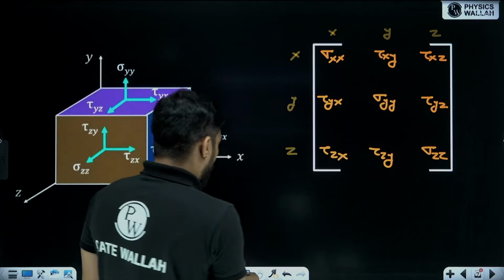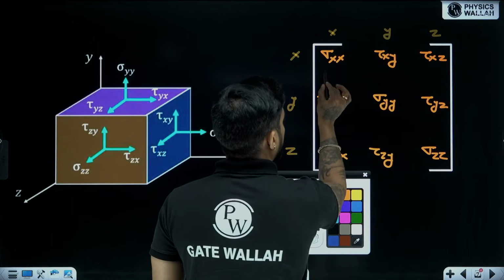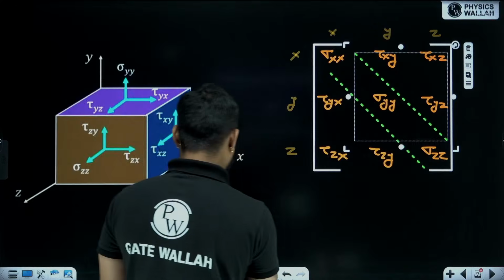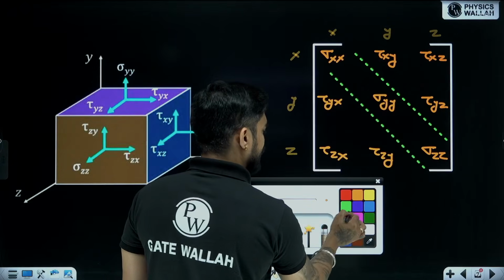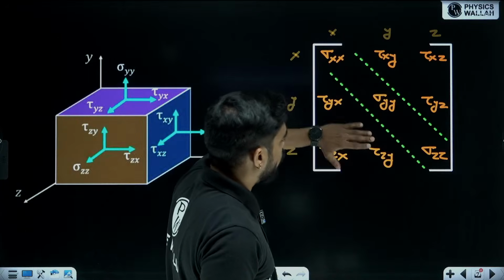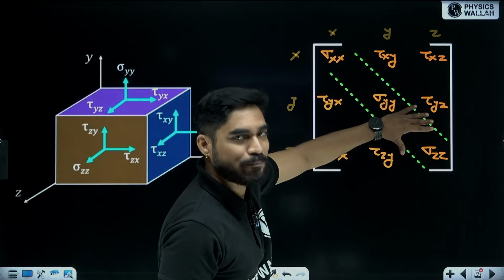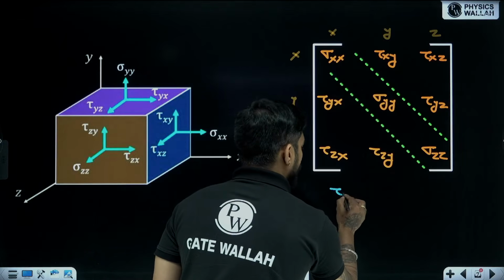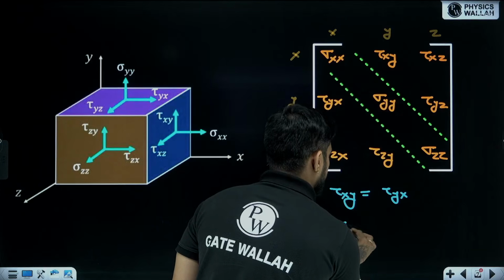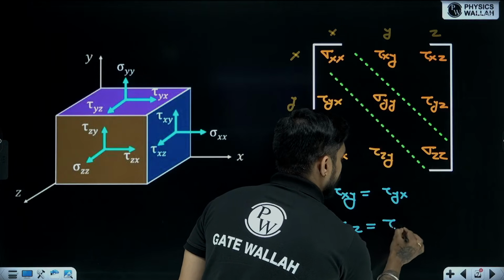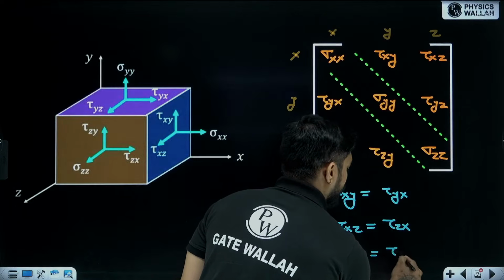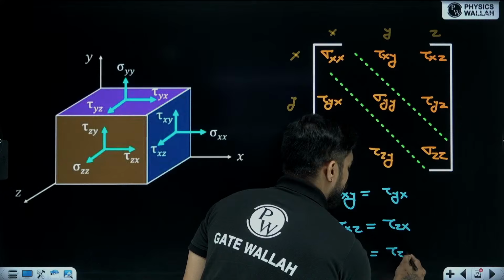Now there is a property of this matrix. It is a symmetric matrix. What do we mean by symmetric matrix? Symmetric matrix means the elements above and below this diagonal are the same. Which means tau XY is equal to tau YX, tau XZ is equal to tau ZX, and tau YZ is equal to tau ZY.